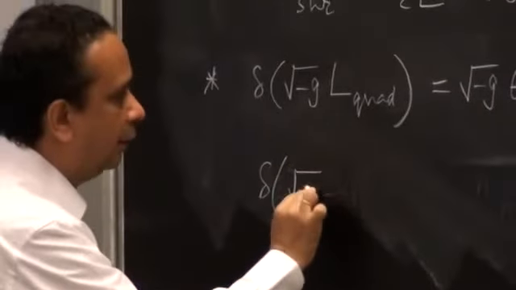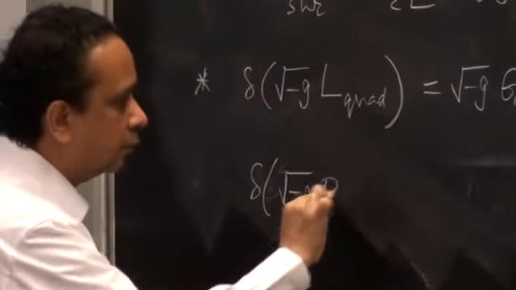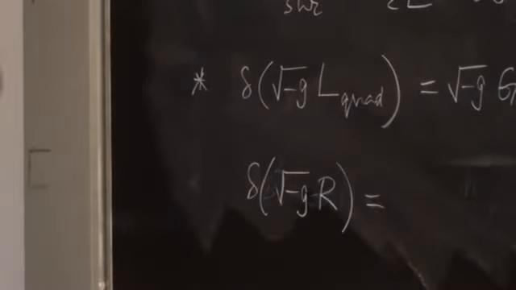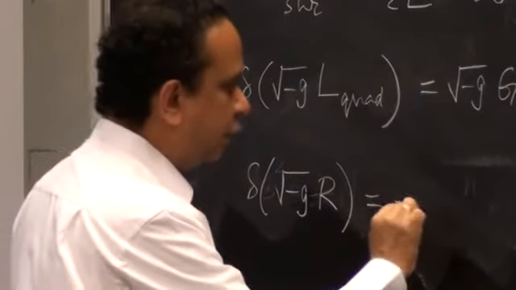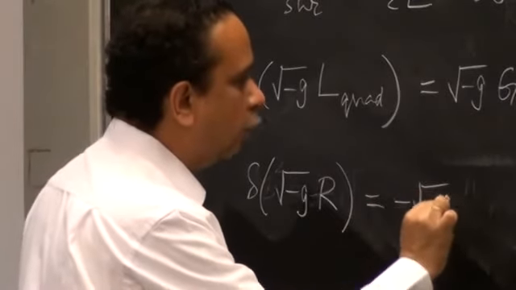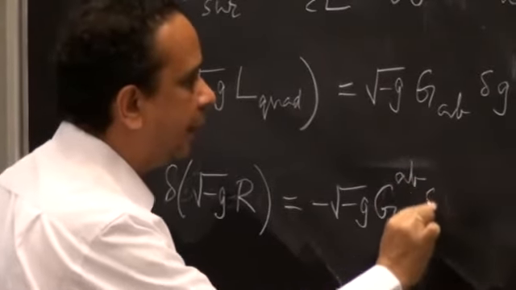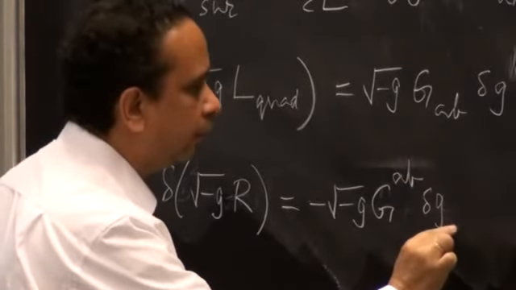If I had looked at root minus gR, then what I would have got is that there it is better to use covariant indices GAB delta GAB.